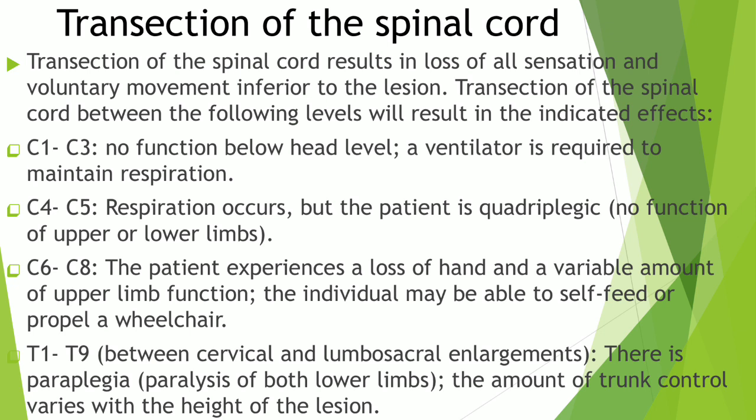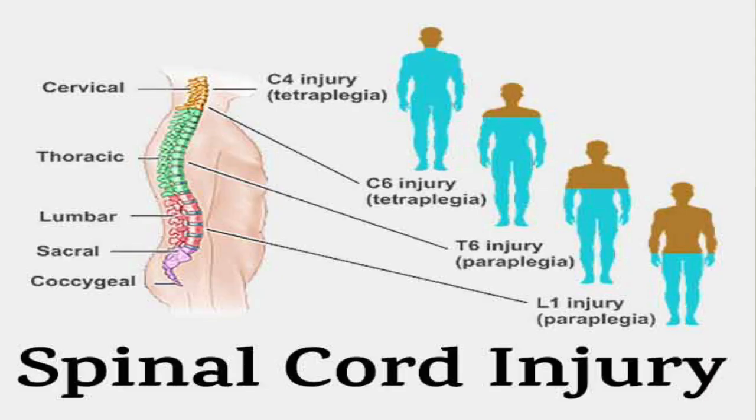Respiration. What about a lesion at C4 to C5 level, that's between the fourth and fifth cervical vertebrae? What happens? You see the second person as you go down in the diagram. He has such a lesion. Such a person can enjoy respiration. He can breathe. He will not die without a ventilator.